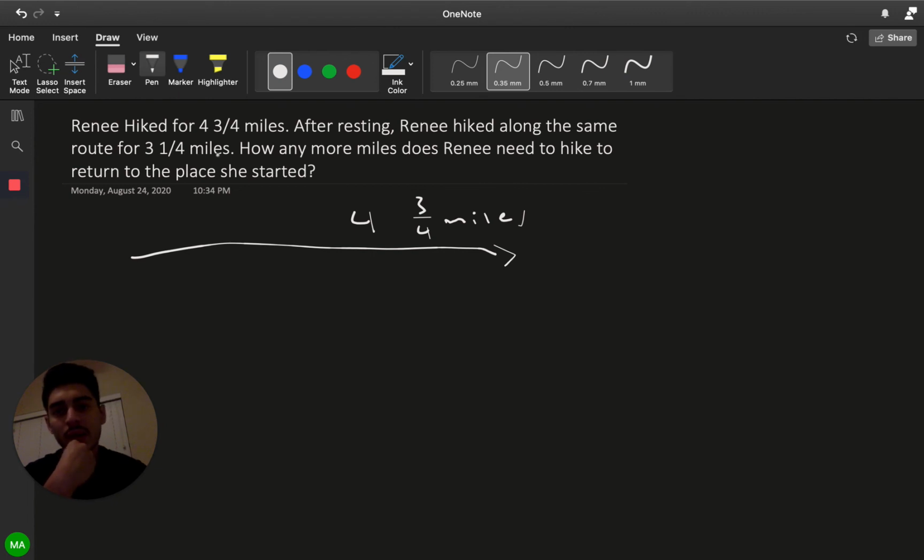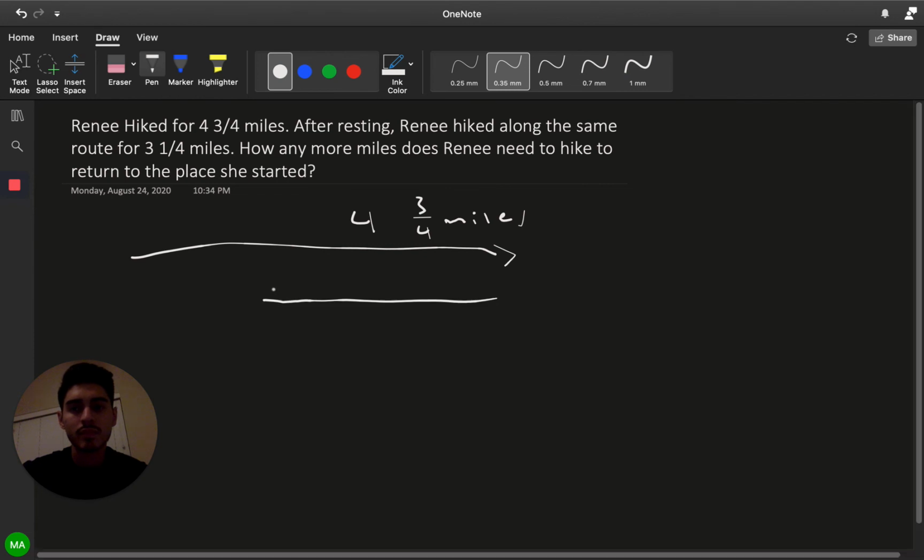She wants to go back. So after resting, she's going back 3 1/4 miles. So how many more miles does she need to walk to return to the place she started?